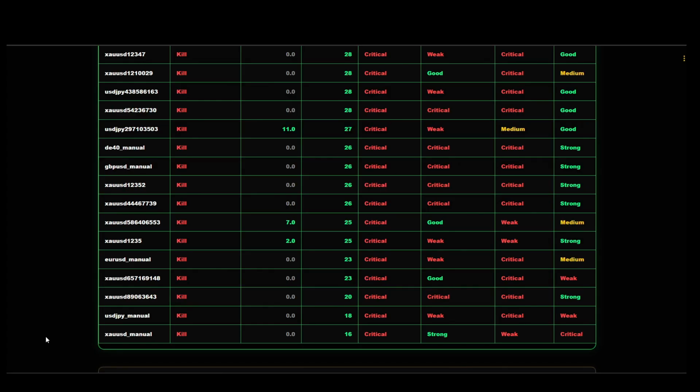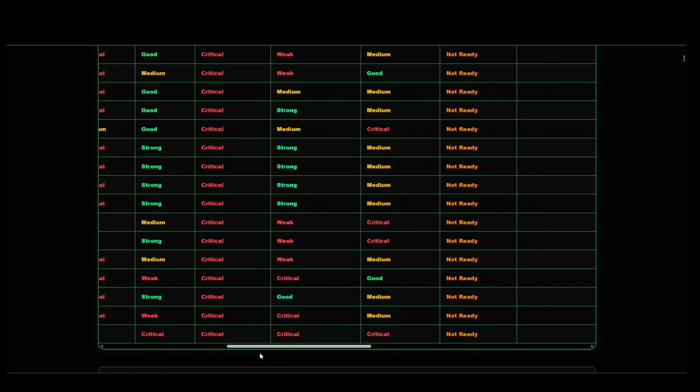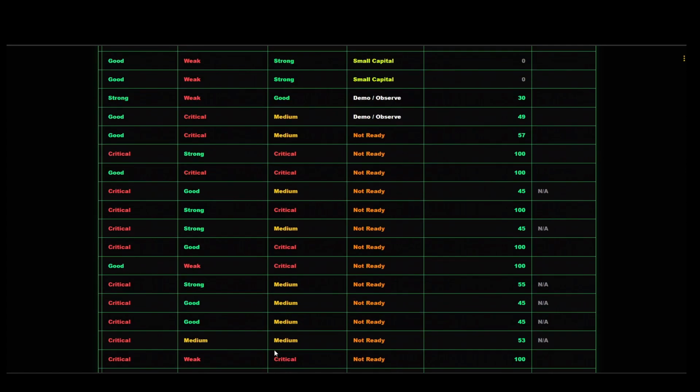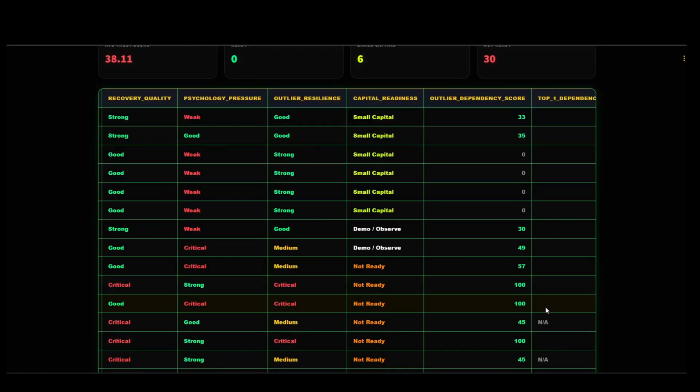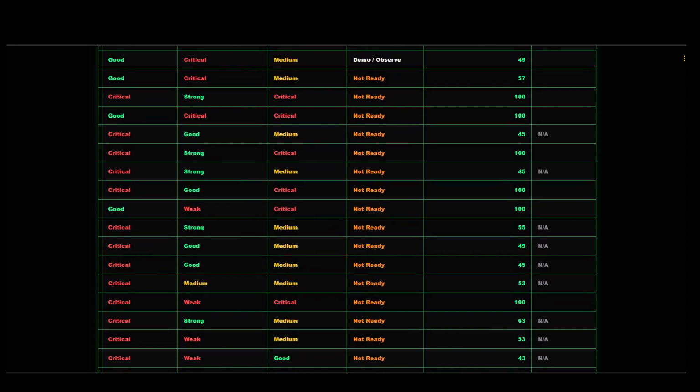Then when we continue scrolling further into the same table, the workflow starts evaluating deeper pressure and resilience layers behind every robot. Now we see recovery quality, psychology pressure, outlier resilience, capital readiness, and the outlier dependency score. And this is where the trust matrix becomes much more realistic from a deployment perspective, because now the workflow is no longer only asking, does the robot survive statistically?